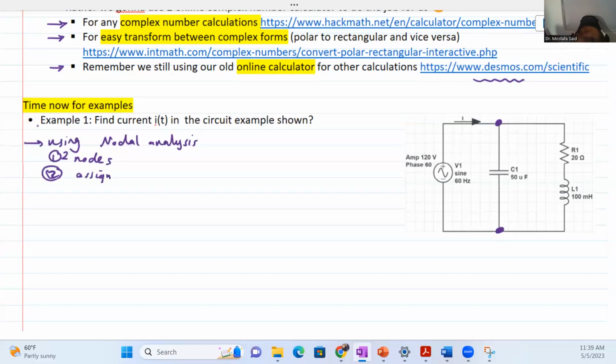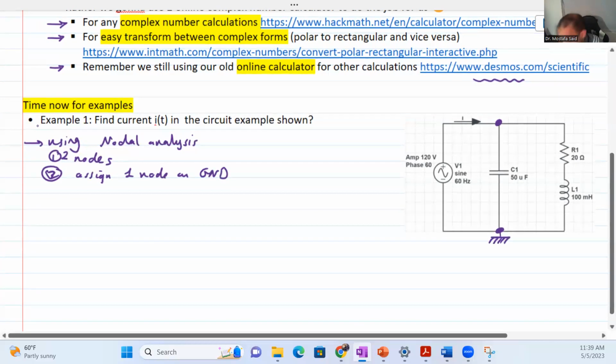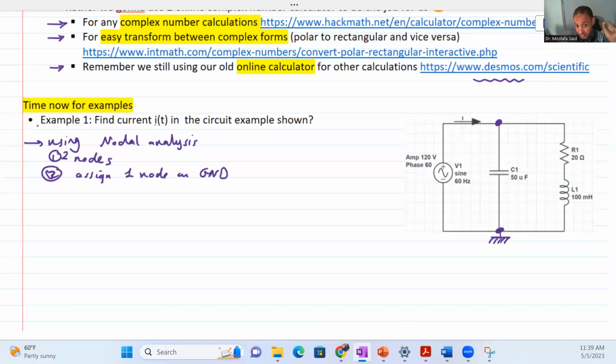We can do this with the bottom node or the top node or the opposite. It's fine, it's all up to you, as we learned in DC. I'm going to choose the bottom one as ground. If you choose the other one, the node voltages will be different, but the voltage difference will be the same. The currents will be the same.